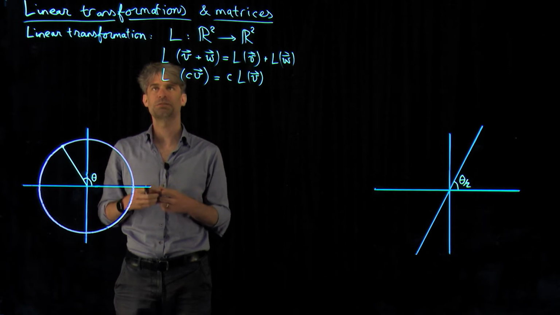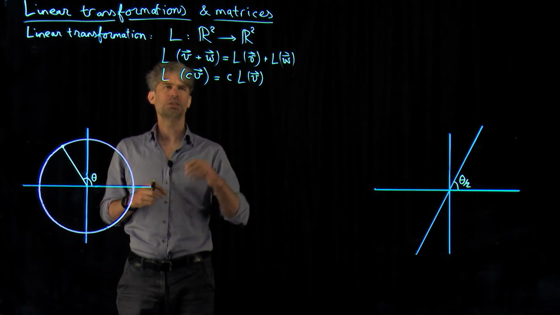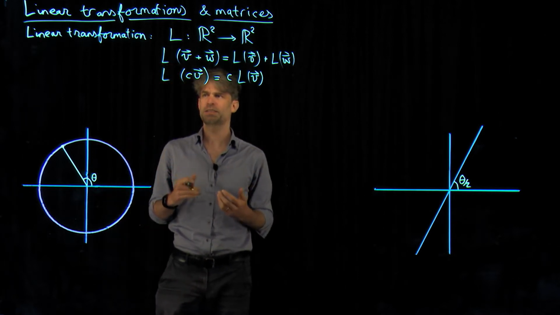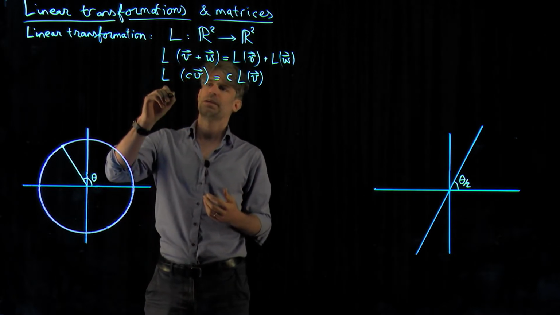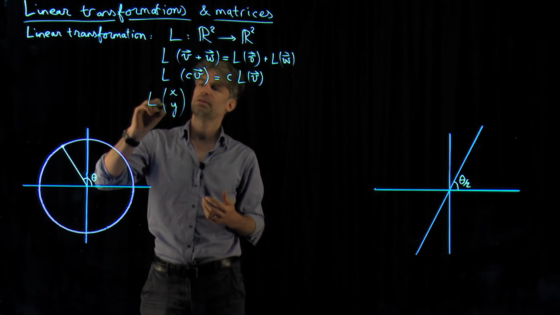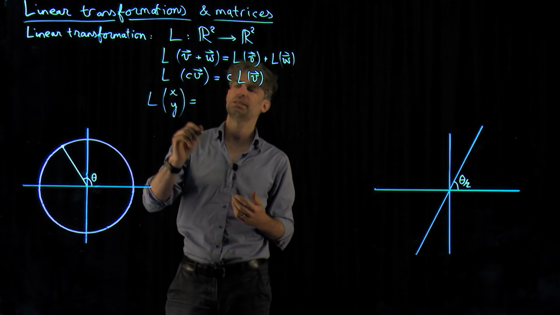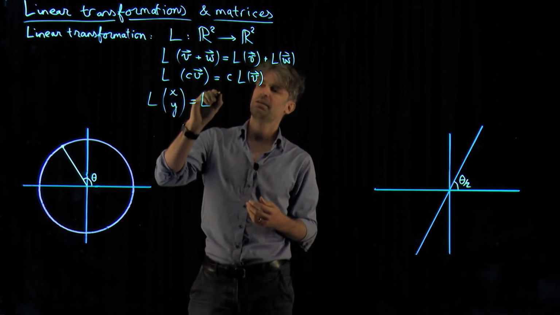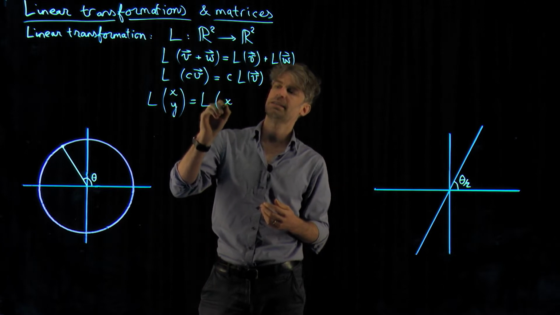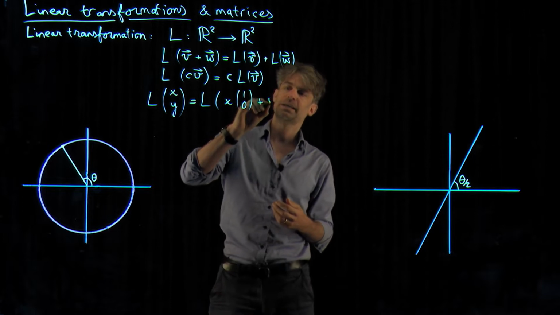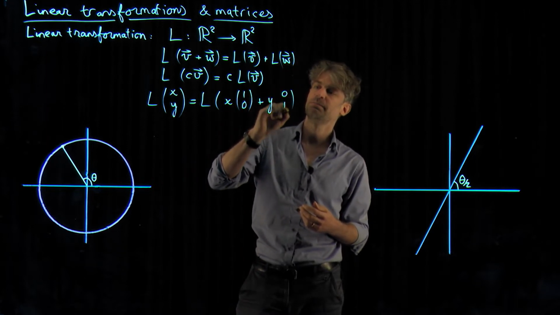It's a linear transformation. Now, one of the consequences of these rules is that if I have a vector x, y, like this, well, what happens with it if I decompose it? With respect to a basis, it's L of x times the first basis vector plus y times the second basis vector.